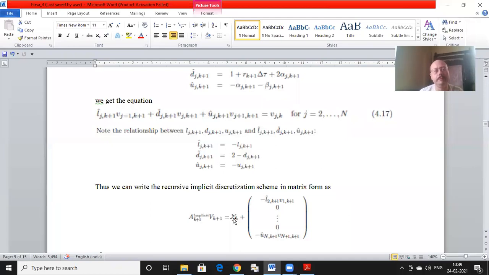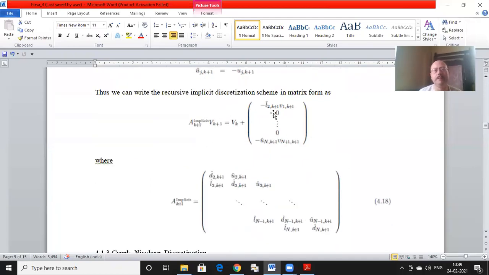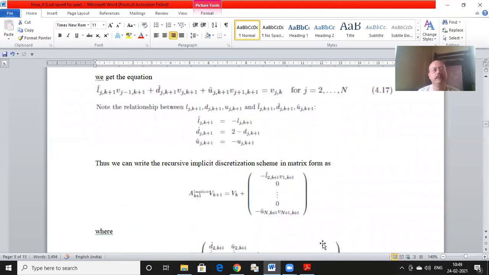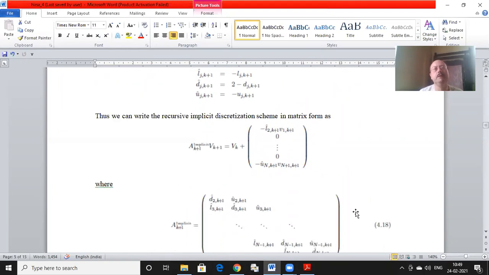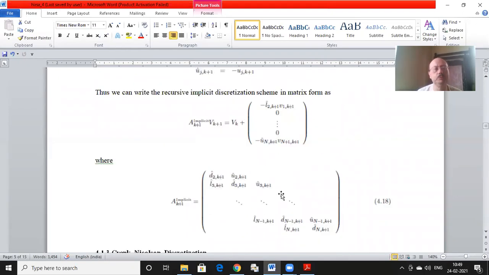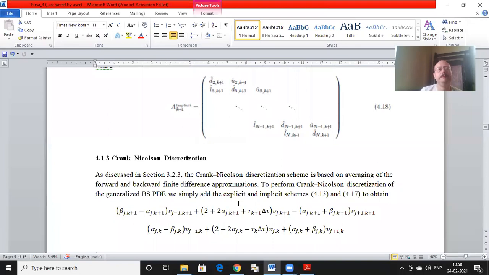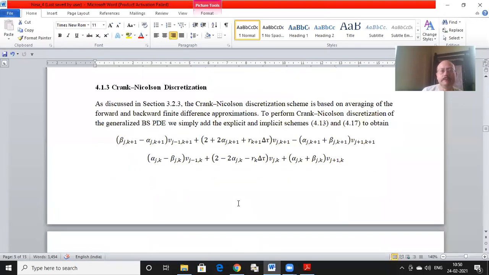So this is our implicit scheme in matrix notation, where A implicit is this matrix. And now that we have explicitly related the two sets of LDU coefficients, we know how to relate A implicit with A explicit, because we will need that later. In Crank-Nicolson discretization, we are going to use both of them.